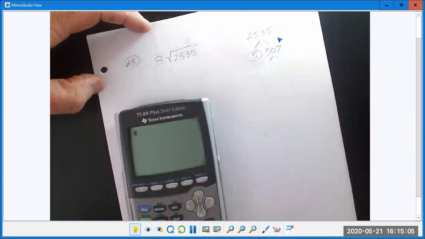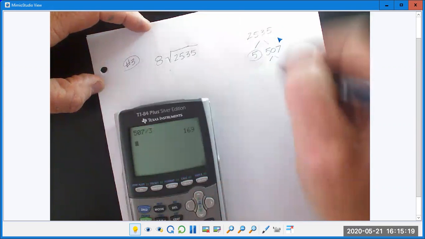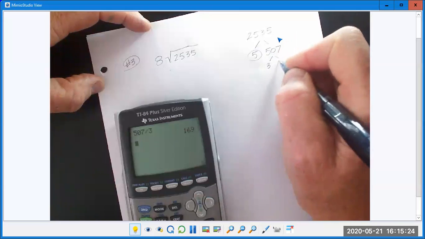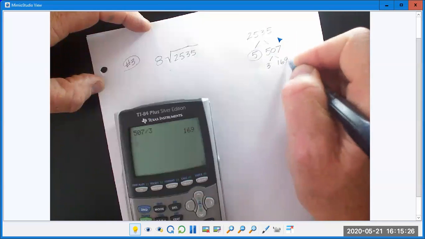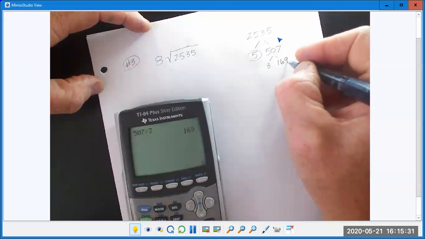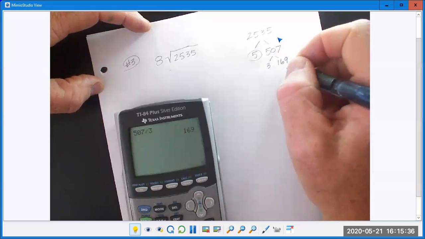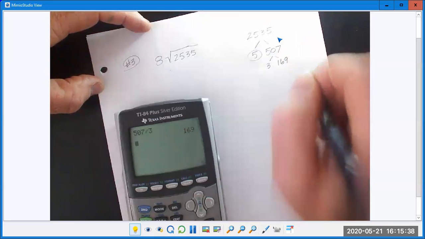So for this one, 507, it's not going to divide by 2. Let's try 3. Let's see if it divides by 3. All right, so it does divide evenly. Well, that's good. I didn't have to guess and check very much. So I'm going to have 3, and I have 169. Now, again, it's important to recognize these things. And if you don't, it's fine. You can continue to break things down. But 169 is going to be a perfect square.